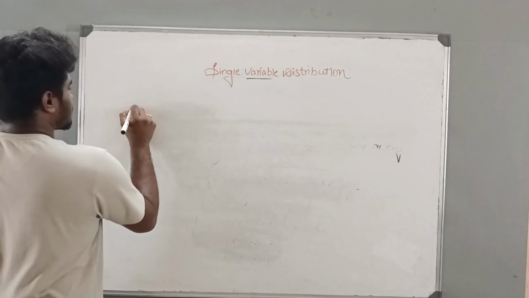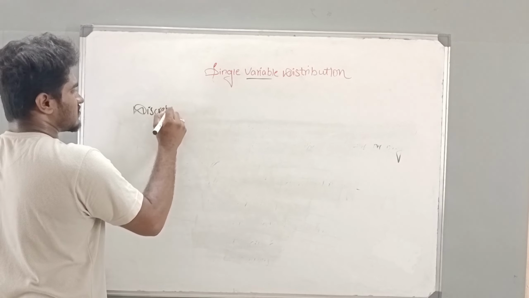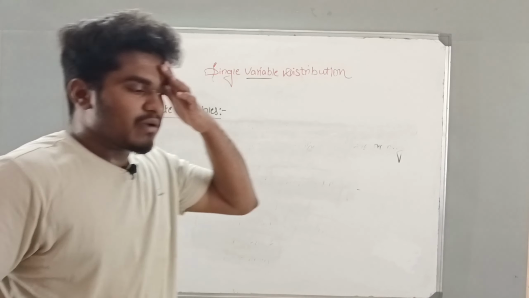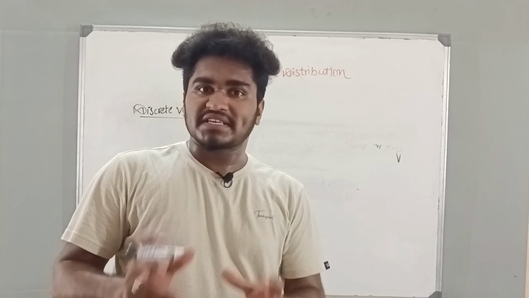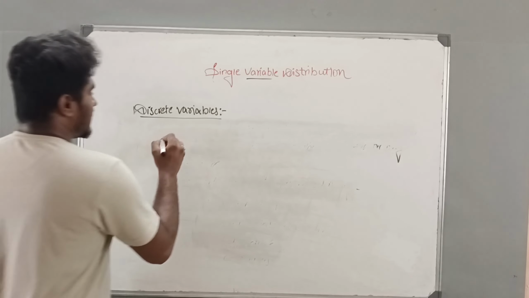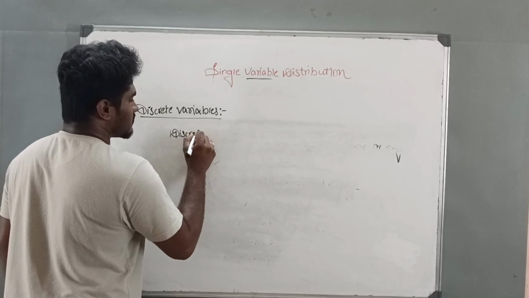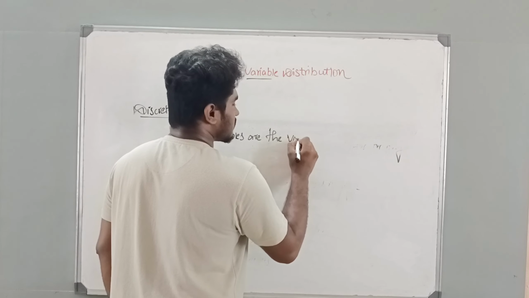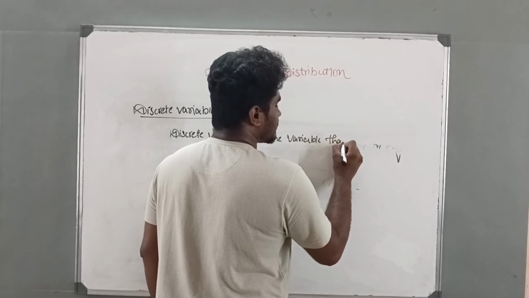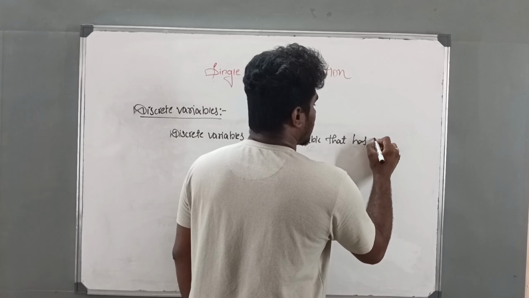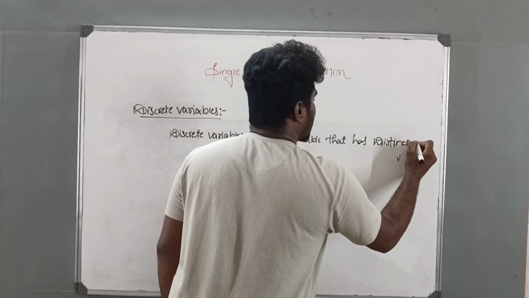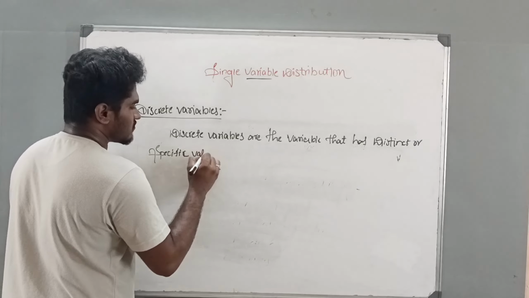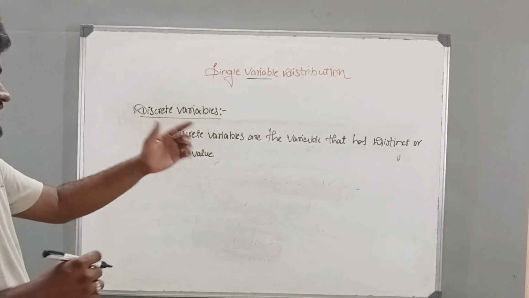Discrete variables. These discrete variables are the variables that have distinct or specific values.